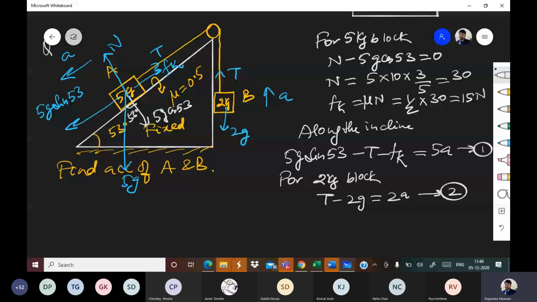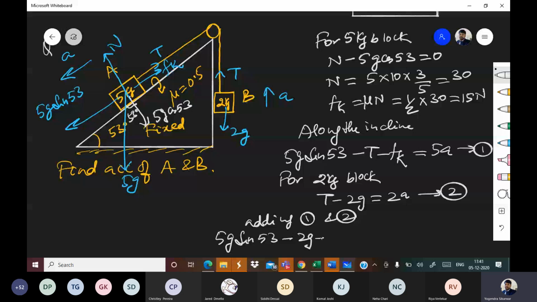If we add 1 and 2, 5G sine 53 minus T plus T will get cancelled, minus 2G minus Fk, Fk is 15, is equal to 7A.